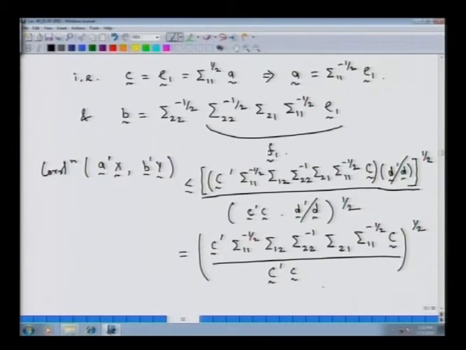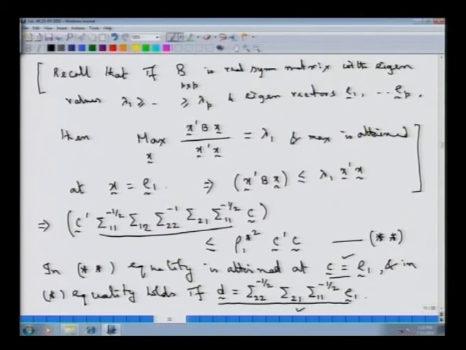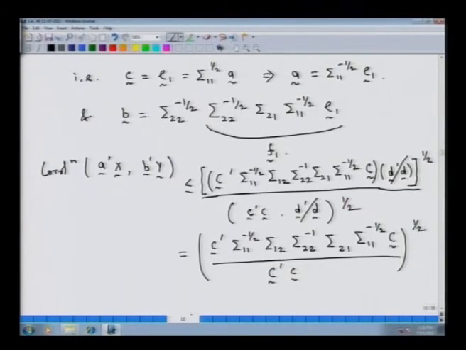And by using the result we have here, this numerator is further less than or equal to rho 1 star square times C prime C. So, finally this expression is less than or equal to rho 1 star square multiplied by C prime C, divided by C prime C, the entire thing raised to the power half. So, this term is just equal to rho 1 star. So, this correlation between A prime x and B prime y is less than or equal to rho 1 star.